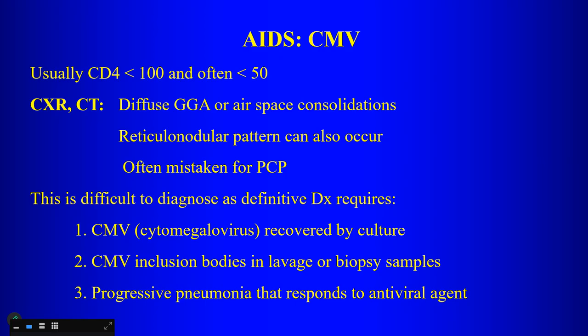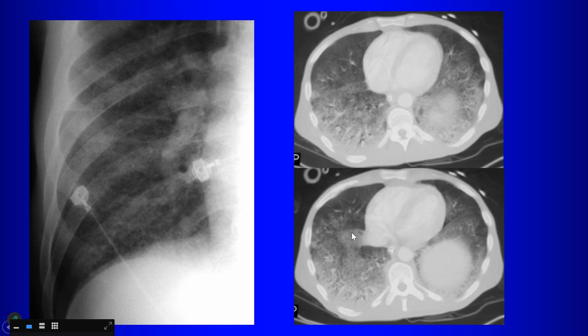What can complicate matters is often they can have CMV superimposed on other infections. So you may be looking at two infections occurring at the same time. But with CMV, we tend to get ground glass opacities like that, and consolidations can look very much like pneumocystis in these patients.